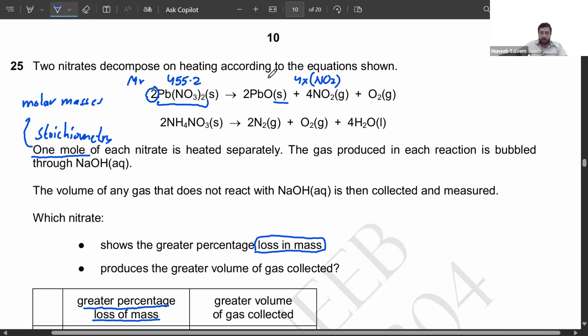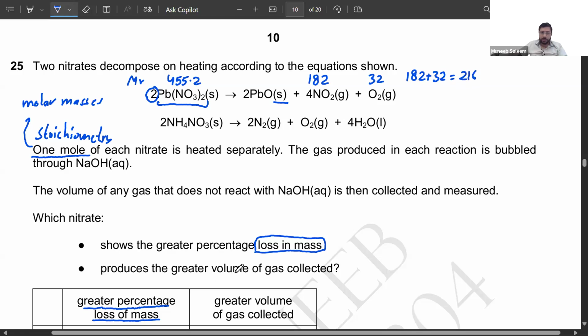That's how you calculate the MR value of this. When you do the calculation, the mass of NO2 comes out to be 182, and the mass of oxygen is 32. Okay, now I have calculated the masses of the gases and the mass of the initial reactant. Now I need to calculate the total mass of the gas which is evolved. So 182 plus 32 gives me 216. Now that's the mass of the gas which is released.